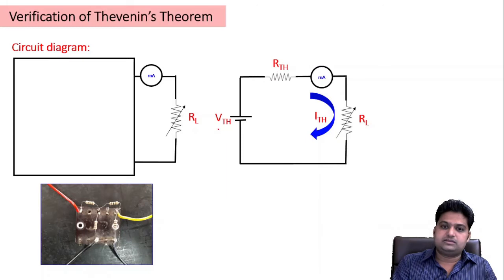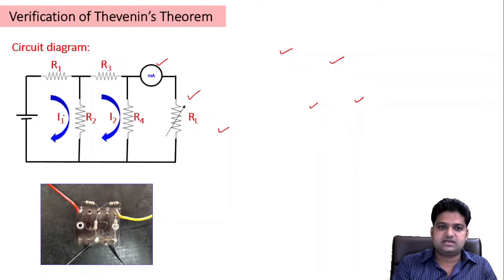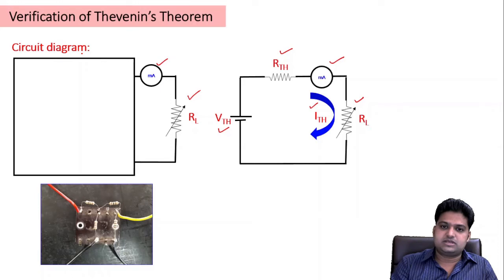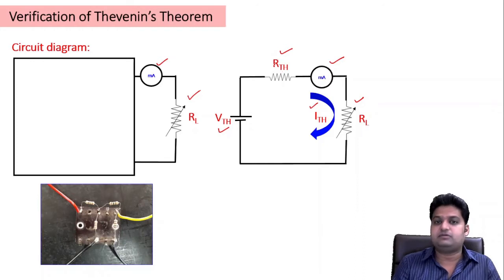We call it Thevenin voltage, TH for Thevenin, and Thevenin resistance, giving you the current ITH. You can see this milliammeter is as it is, the load resistance is as it is, just that this entire circuit which was there can be replaced according to Thevenin's theorem by simply voltage VTH and RTH. So this is what we have to verify.